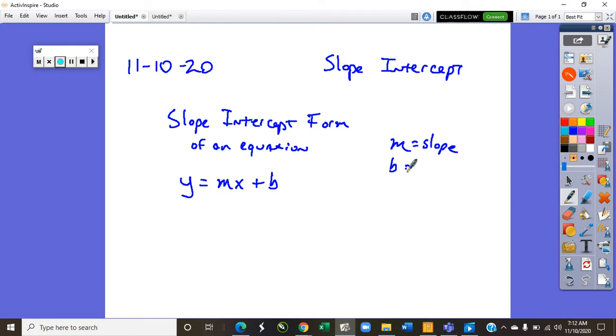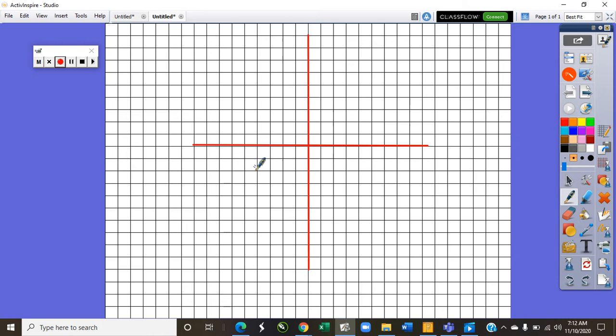That b is what we call the y-intercept. Okay, does anybody know what the y-intercept is? We have a line on a graph. Okay, let's say we have a line like this. Okay, the point where that line crosses, remember this is the y-axis, this is the x-axis.